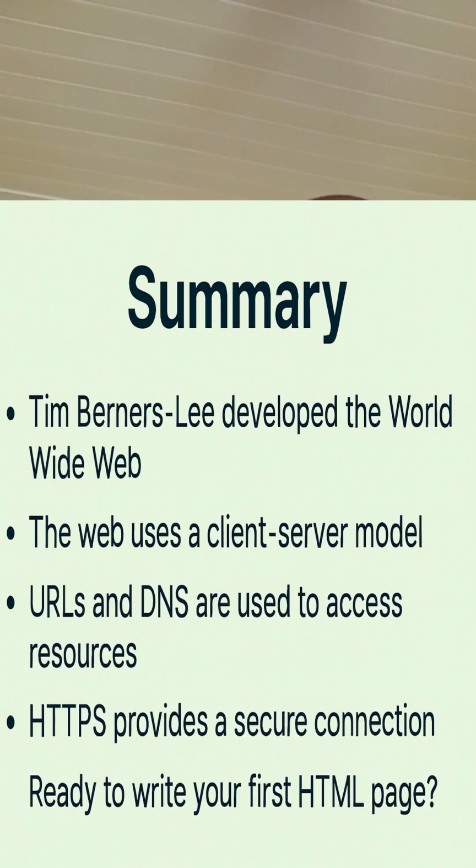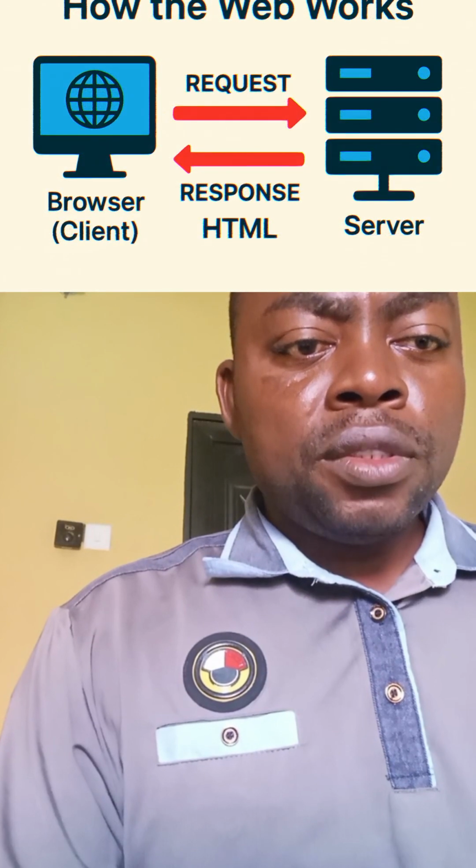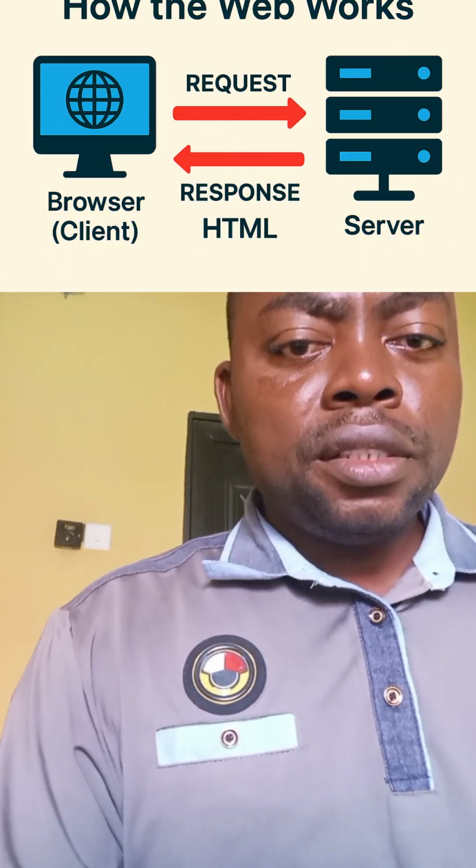All right, now let's recap. The World Wide Web is a system of interlinked content across the internet using browsers and web servers. That is what we have pointed out. We also say that it works through the client-server model, where the client is the user that issues requests, and these requests are sent to the server, and the server issues a response back.